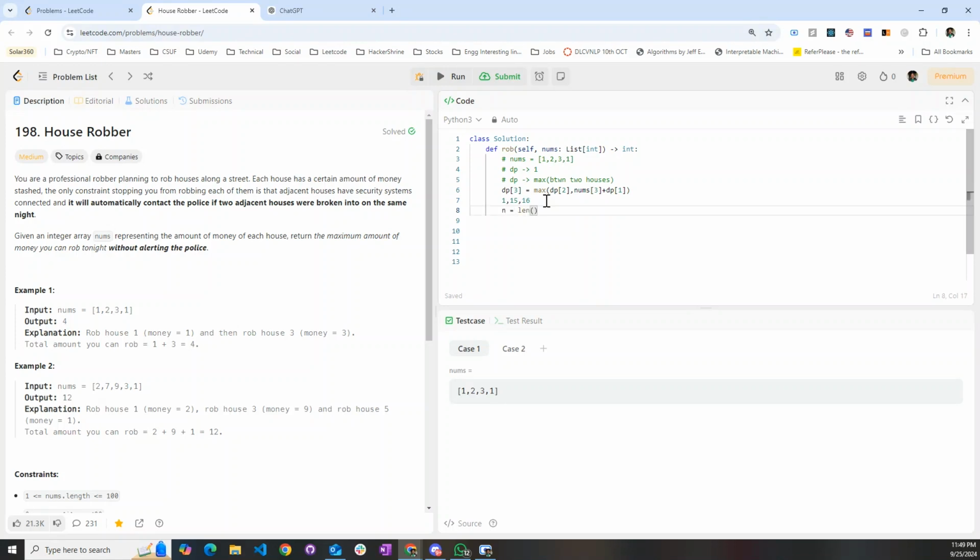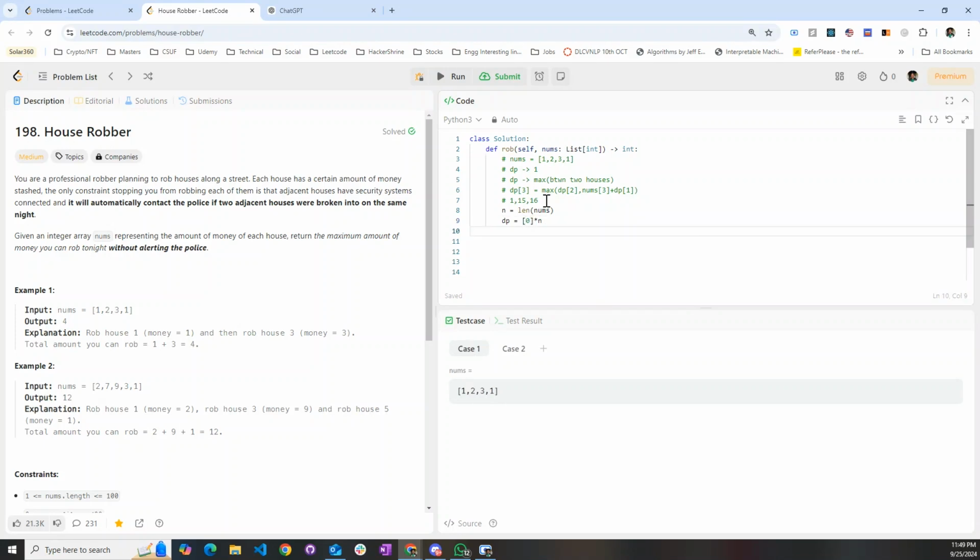So let's take the length of nums, so it's easier. Let me just comment these out. All right, so we create a dp array of all zeros, times n.